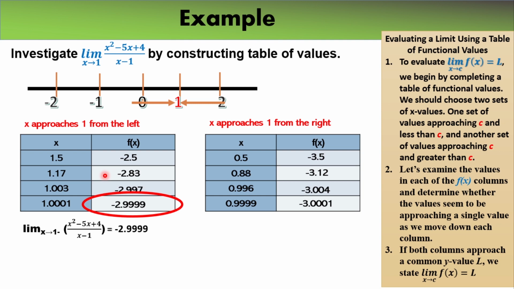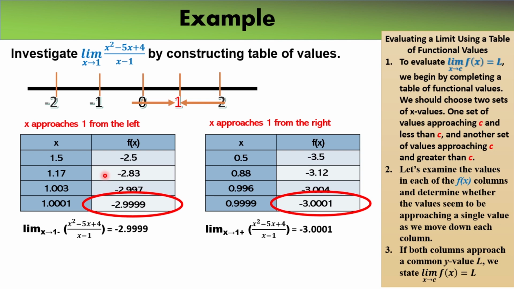So sa right naman tayo. Saan papunta ang value ng f of x natin? Papunta ang value ng f of x natin sa negative 3.0001 or approximately negative 3. So again, our limit of x squared minus 5x plus 4 all over x minus 1 as x approaches 1 from the right is negative 3.0001 or negative 3.